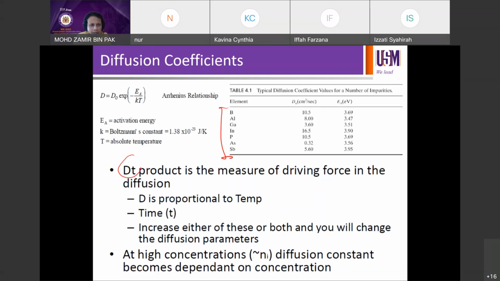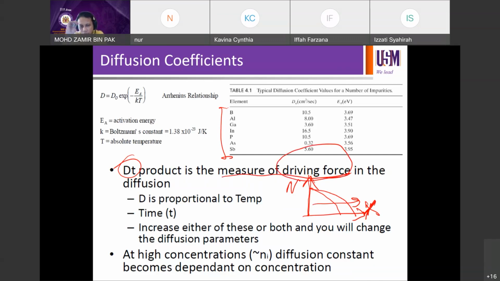So that's why when you look into the graph just now, when you plot n against x, you can see that if you run your process with longer duration, you're supplying larger driving force. Larger driving force will drive the dopant into the silicon. Dt is essentially the measure of driving force.